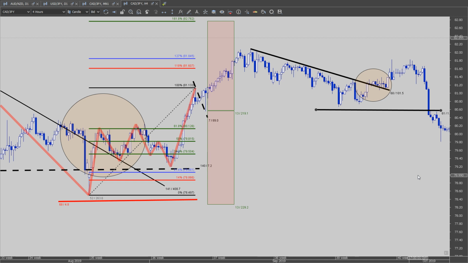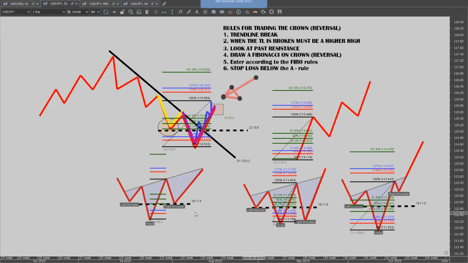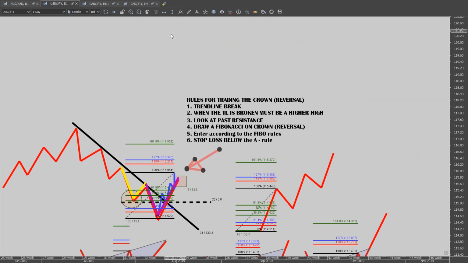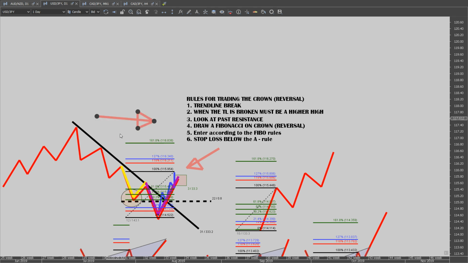Fibonacci shouldn't be at the right leg of your central tip. Sorry. No, Miguel, this was what I was trying to explain to you. Sometimes, okay, number 4, everybody, the Fibonacci goes on the crown. It's not going to go on the first swing.